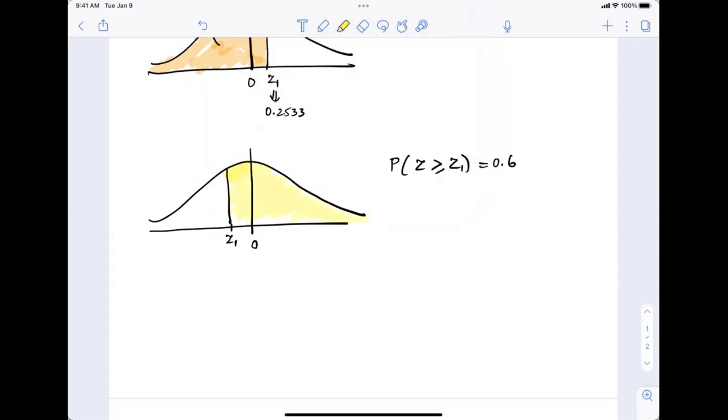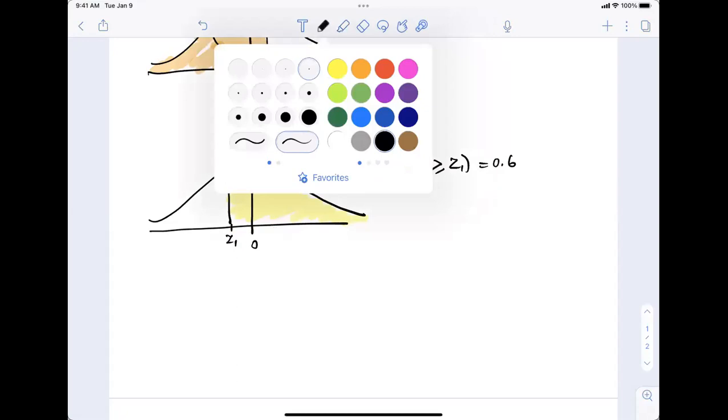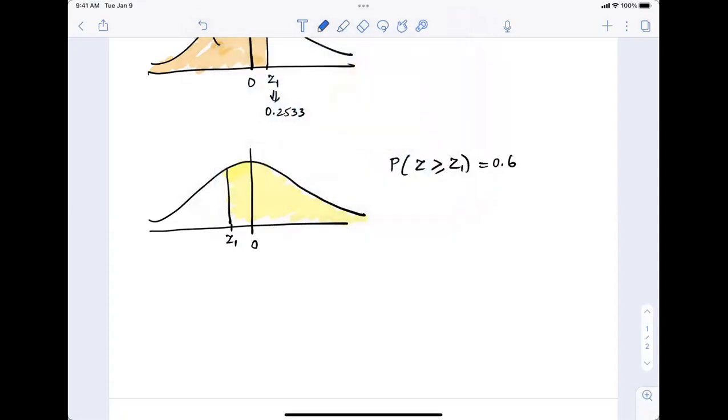And why am I drawing Z1 to the left of 0? Because I know that area to the right of 0 has to be 0.5. So if I want to find a point such that the area to the right is 0.6, 0.6 is greater than 0.5, right? Which is why I take Z1 to be to the left of 0. Now I want to find this Z1. The trick to doing this in Excel is to remember that if this area is 0.6, this area is going to be 0.4.